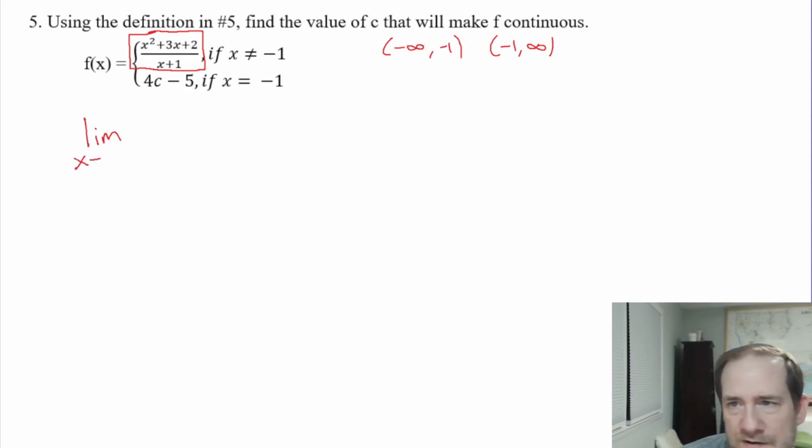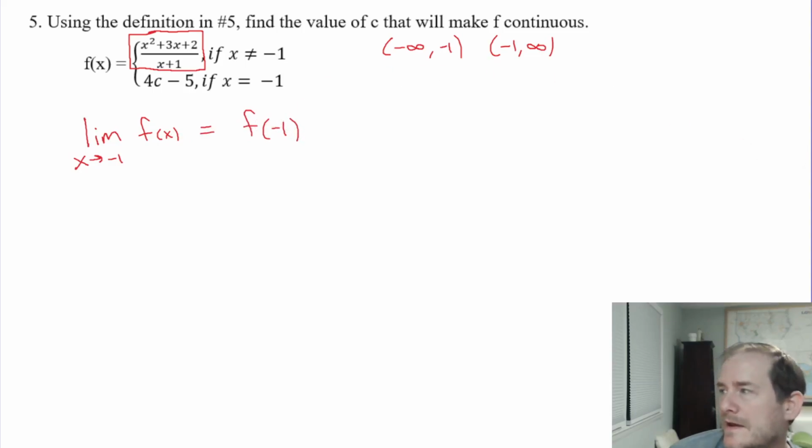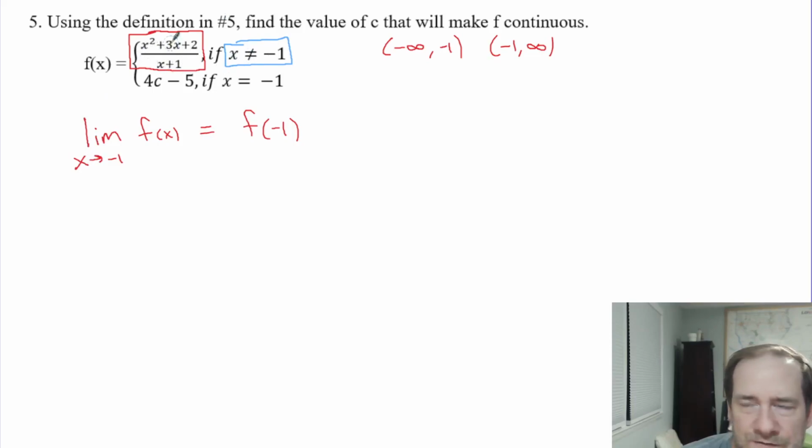So we would need the limit as we approach -1 of our function to be equal to the value of the function at -1. And again, the limit at -1 only exists if the left and right hand limits are the same. But by the way these intervals are defined, they're saying here that x just can't equal -1. So if I'm coming in from the left, I'm going to use this function to get my limit. And if I'm coming in from the right, I'm still going to use this function to get my limit.